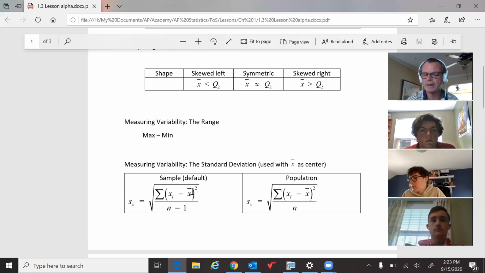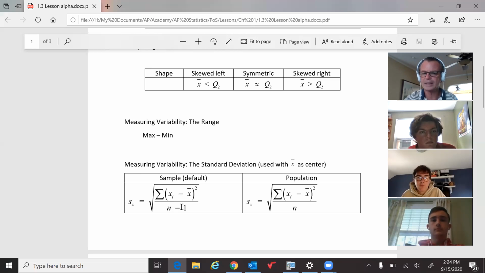We're going to square that, divide by 1 less than the number of elements in the set, and then take the square root. Now, one thing should seem clear to you: you're squaring this in here, and then later you're taking the square root to undo what you've done.